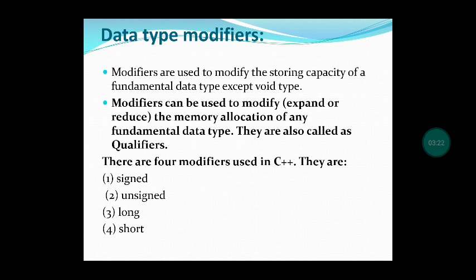They can be classified into 4 types, and are also called qualifiers. The 4 types are signed, unsigned, long and short. According to these, the storing capacity of the data type is modified.